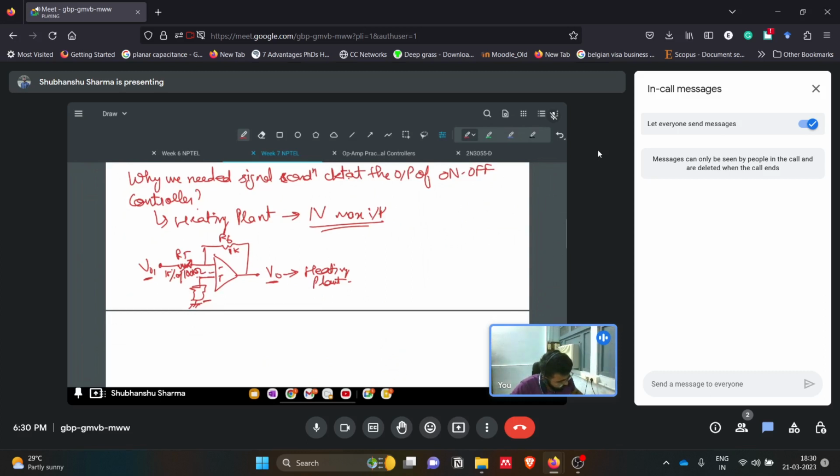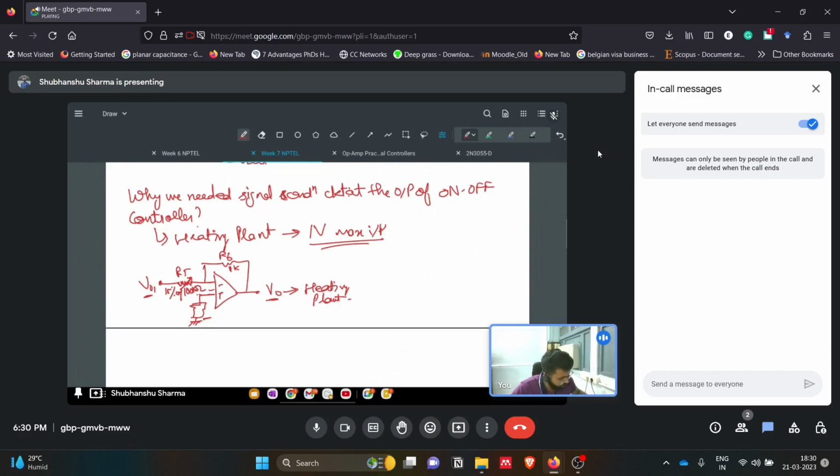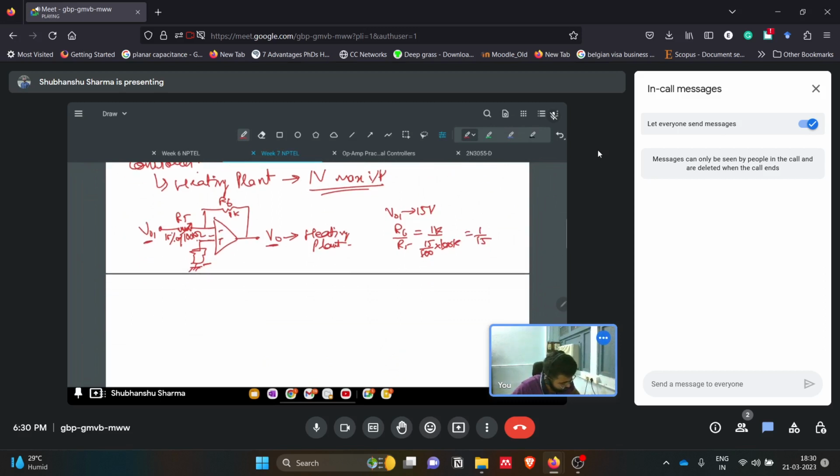So what will happen? The attenuation it will provide to the output: if we are getting V naught 1 as 15 volts, the attenuation will be R6 by R5, which will be 1k by 15% of 100 kilo. So we will get 1 by 15 as the attenuation factor. So output V naught we will get as V naught 1 into 1 by 15.